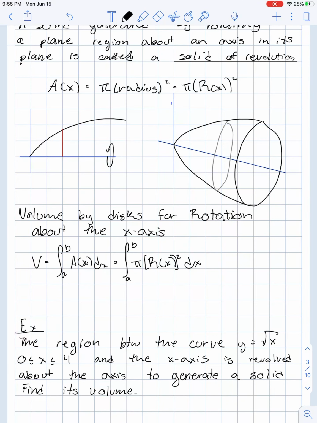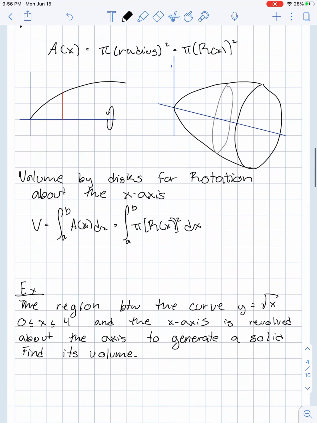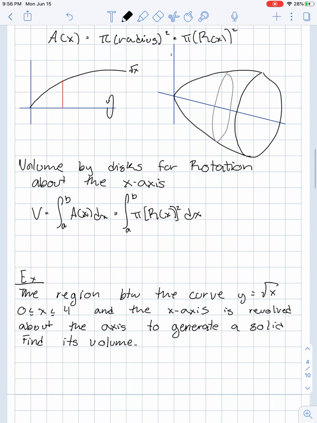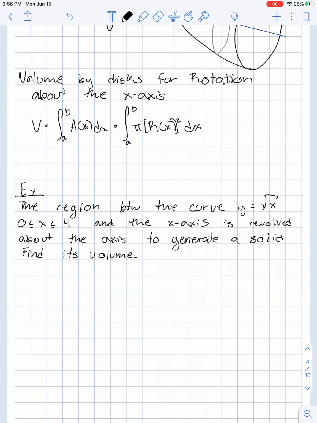So let's do a fun little example. The region between the curve y equals square root of x, from 0 to 4, and the x-axis is revolved about the axis to generate a solid, and we're asked to find the volume.